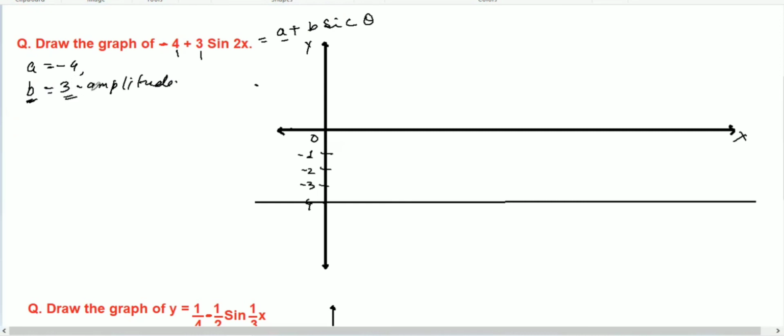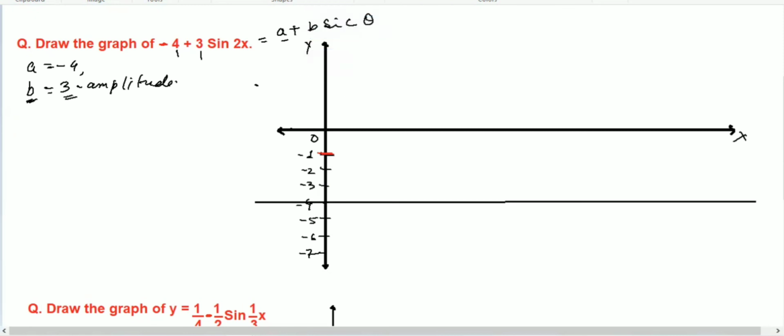So b is 3. It means the graph will go from the midway line 1, 2, 3. Here it will be here. Let's do it in red, and then it will go down 3, below. So minus 5, minus 6, and minus 7.